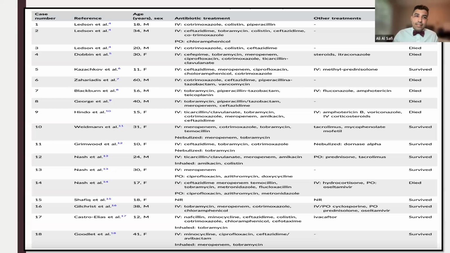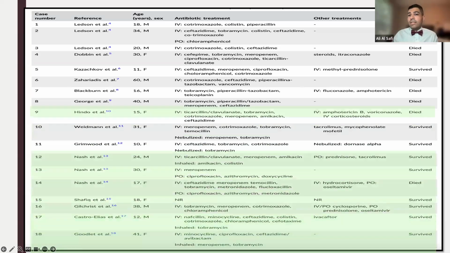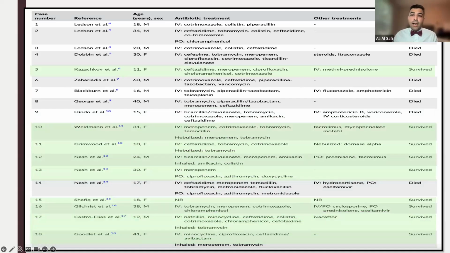These are the 18 cases reported in the literature with their age, the antibiotic used for the treatment, other adjuvant therapies, and the outcome for these patients. Only 9 out of 18 survived, so it has really high mortality, 50%.